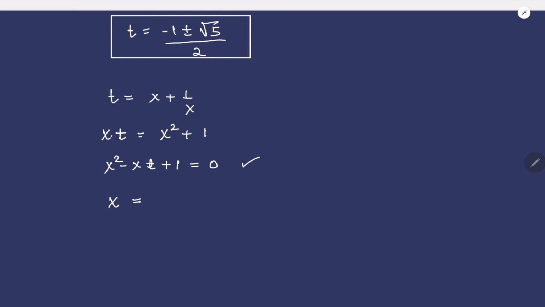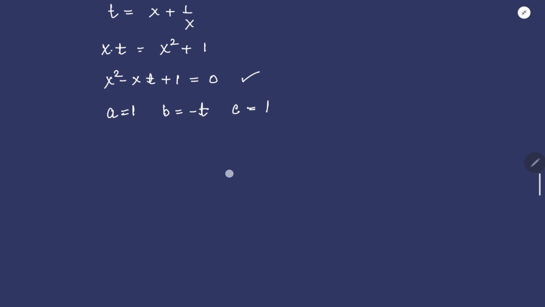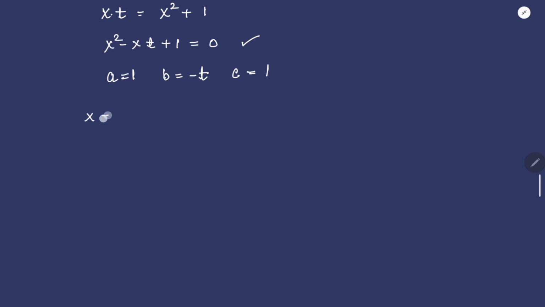x will be equal to, consider t as constant now, because this is quadratic in x. So I will tell you what a is here. a is 1, b is minus t, and c is 1. So x will be equal to minus b, minus of minus t, that will become plus t, plus minus under root of b square, that is t square, minus 4ac, that is 4, by 2.